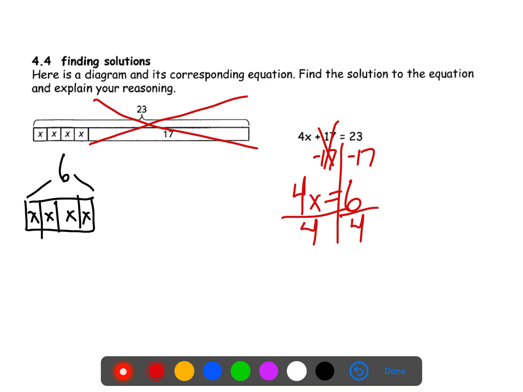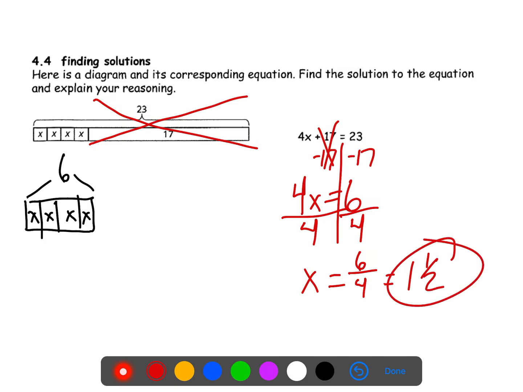Do the same here. And 1x is going to be equal to 6/4. 6/4 can be written a lot of ways, but 1.5 is a really common way to show that. So that would be our solution. Each of these x values is worth 1.5. Combined with the 17, we'd have a total of 23 again.